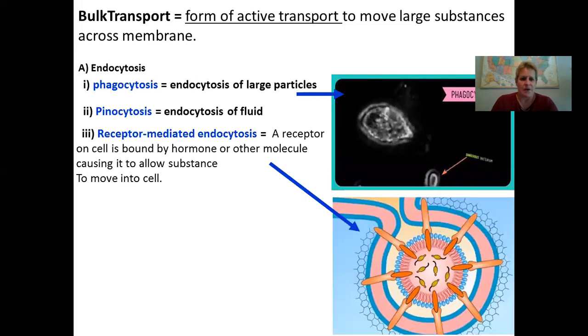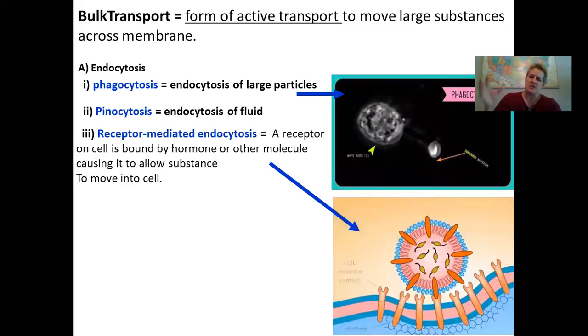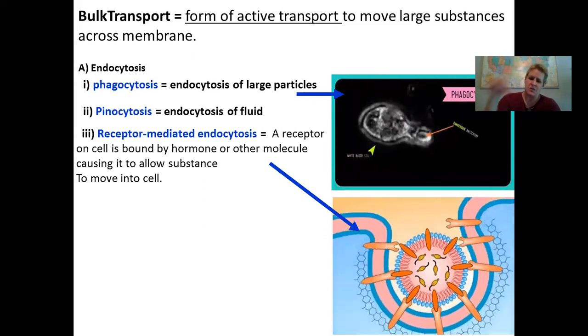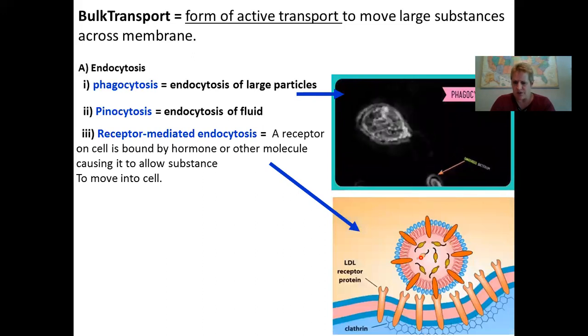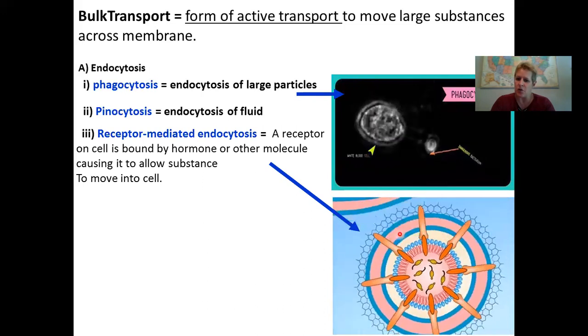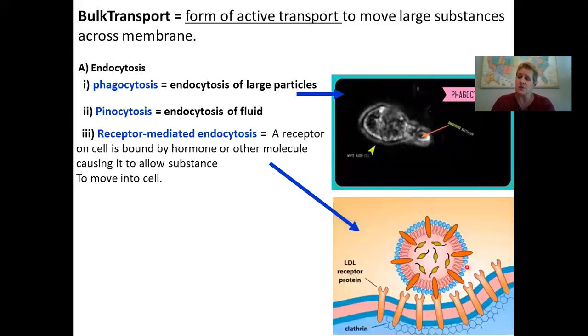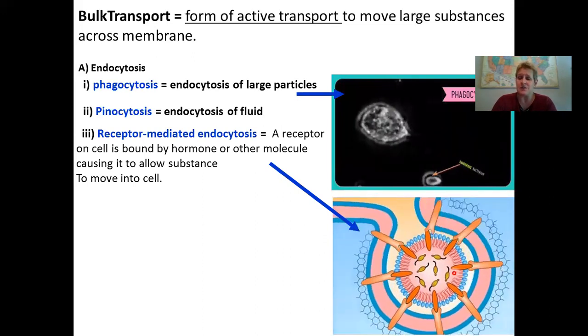Okay, now there is also receptor-mediated endocytosis where something outside a cell has to bind to a receptor, and then the cell membrane wraps around that particle. So here's the large particle. Here's receptors on the cell membrane. They wrap around the particle, pinch off, and now we've got a vesicle containing that, whatever it is. So that's receptor-mediated endocytosis.